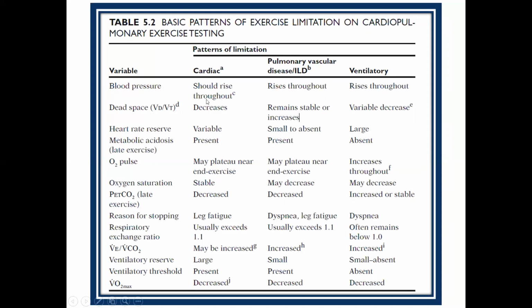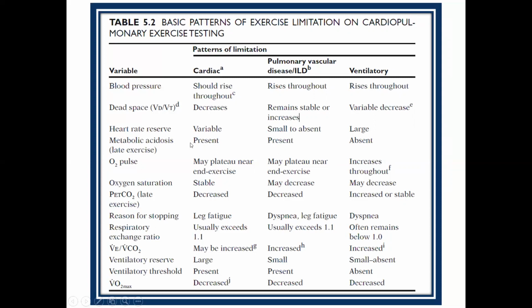So in cardiac, VD to VT should decrease. Heart rate reserve depends. If you're on beta blockers, a lot of our heart failure patients, CAD patients are on beta blockers, they may not reach the 85% of peak heart rate because they are on beta blockers. Otherwise, they should reach their heart rate reserve.